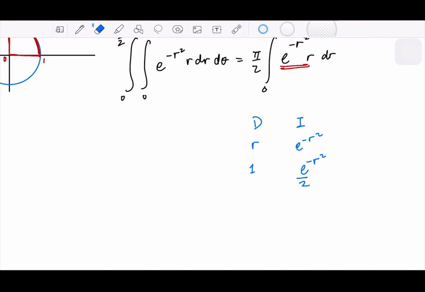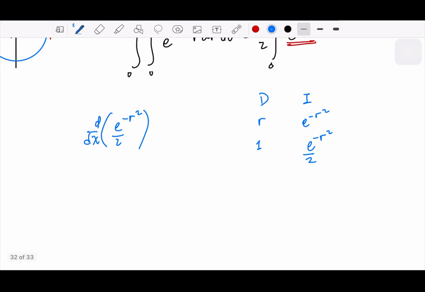We could check if we want. I think we still need to write down the r, right?